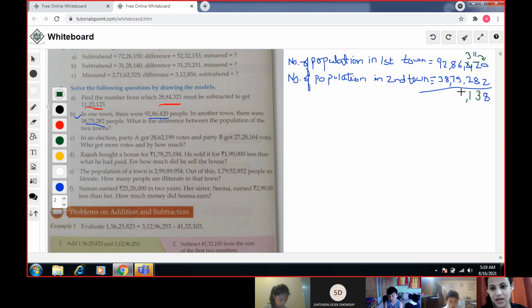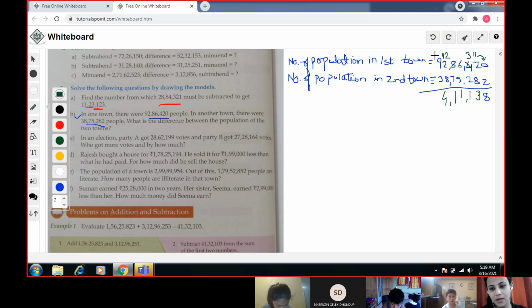Now 6 minus 5 is 1. Say 8 minus 7 is 1. Now here this is a small number, so we will have to make it big. So it will become 12, and now 12 minus 8 is 4.